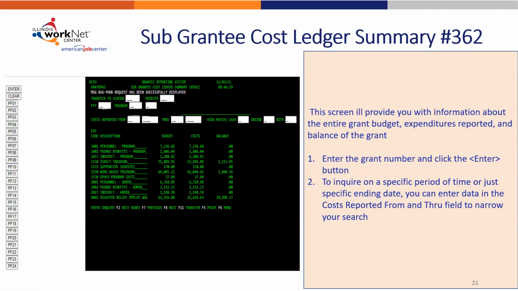I believe this is one that's required with the financial report that you have to submit to your grant manager, so you can screen print this one and attach it as supporting documentation. It just gives you an overall snippet of the expenditures you've entered and the balance of your grant.